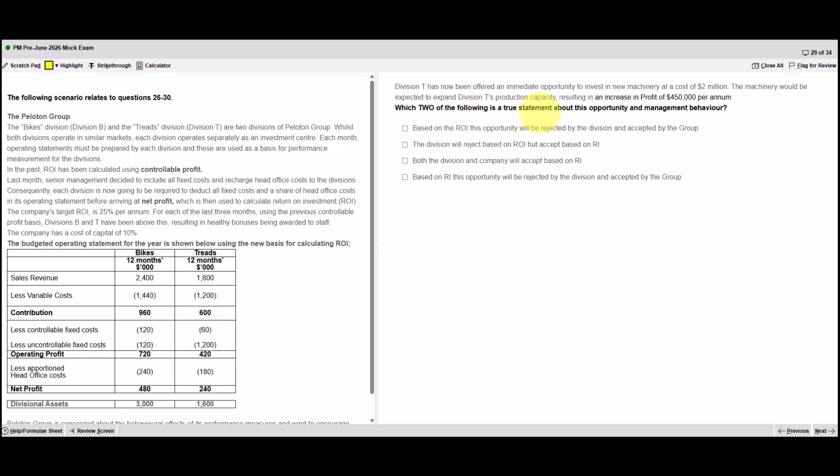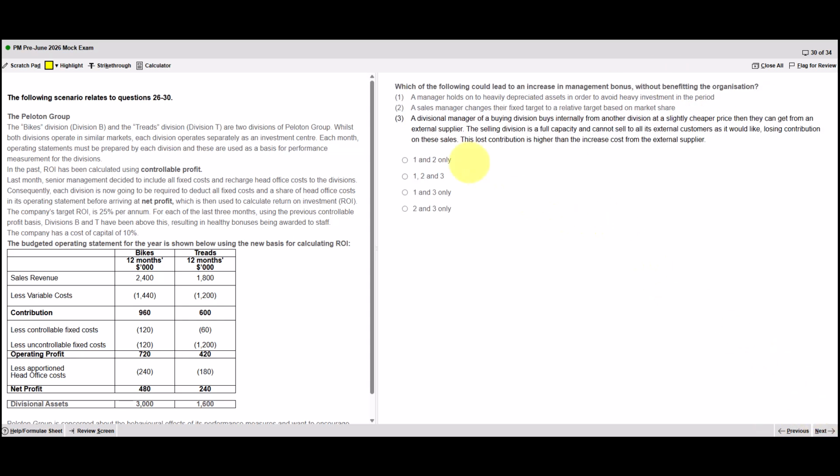Which 2 of the following is a true statement about this opportunity and management behavior? It looks like there could be some calculations, so I'm not going to do that one. Which of the following could lead to an increase in management bonus without benefiting the organisation? Again, just briefly looking at that, it looks like it could pull information from here. So there's none that I will do before reading the bit on the left.